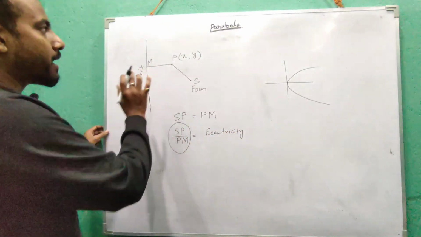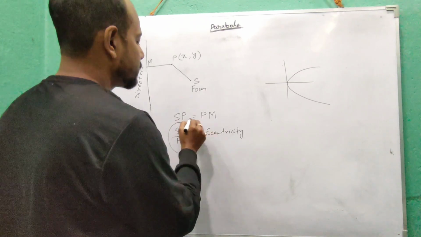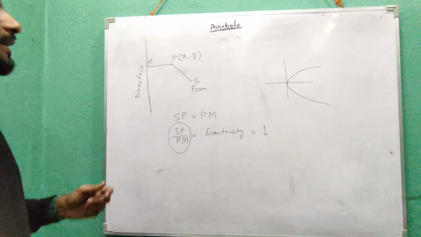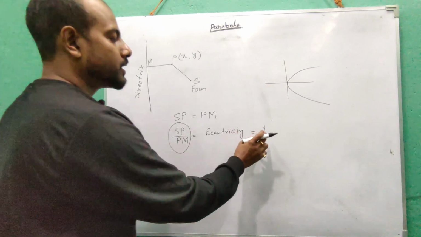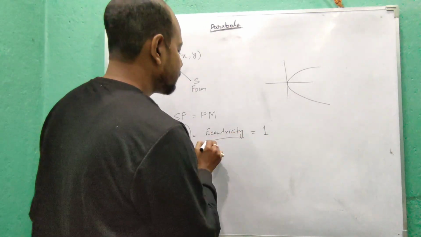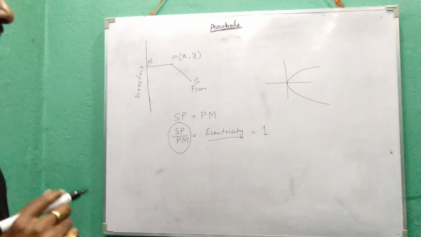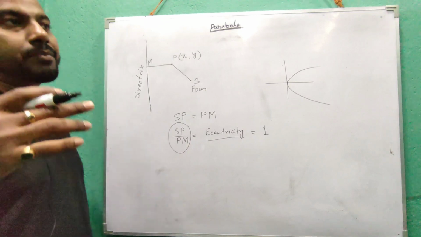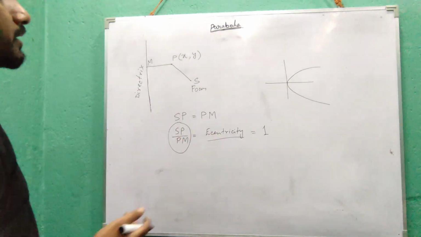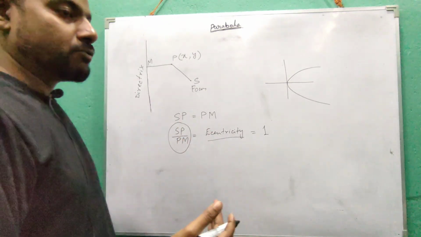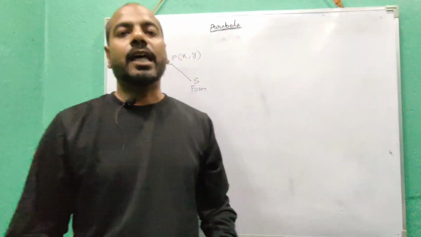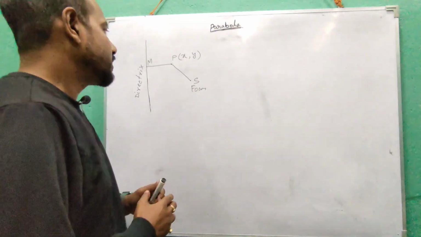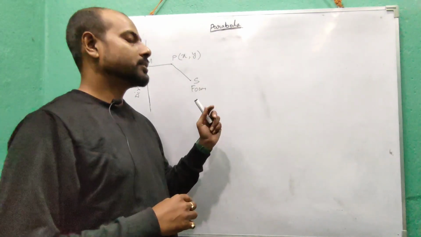For a parabola, the eccentricity is equal to 1 because these two lengths are equal, so the ratio is 1. For a circle, eccentricity is 0. Similarly, the other conic sections are the hyperbola and the ellipse.